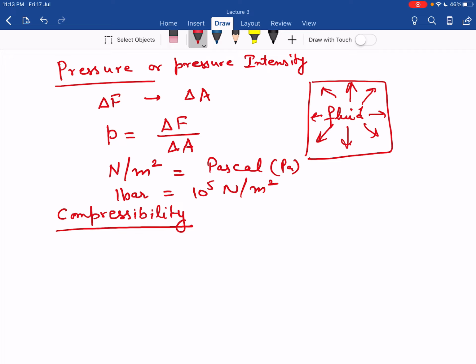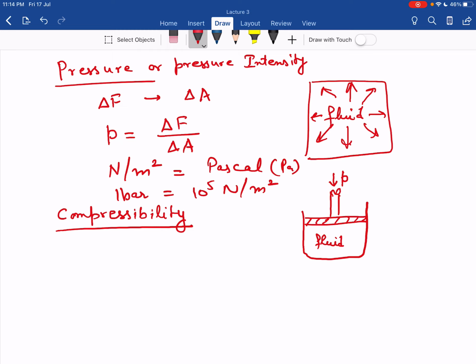Now again say we have a piston cylinder arrangement. Okay, so here we have some fluid. Now say we apply pressure intensity P on this piston.